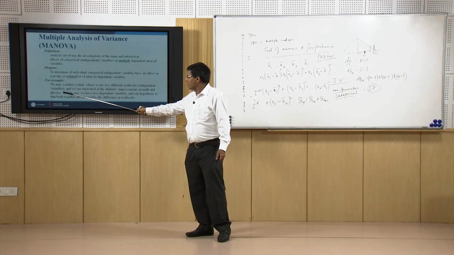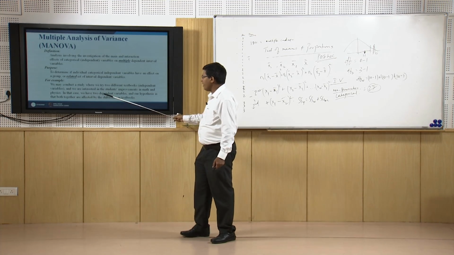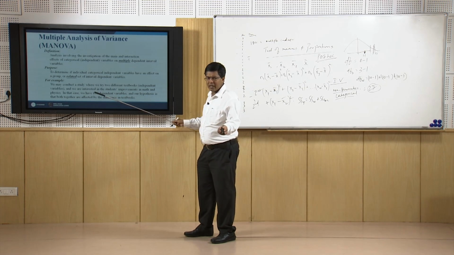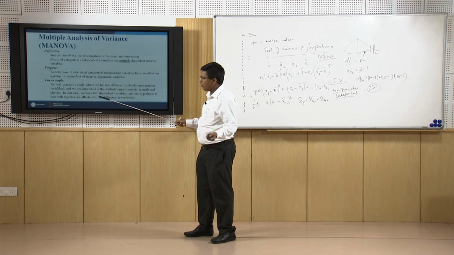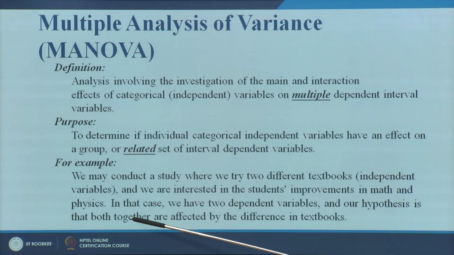So the math and physics scores become my two dependent variables, right. The score is obviously a continuous variable, we are measuring on a continuous scale, somebody is 50, 60, 65, 70, whatever the scores are, and our hypothesis is that both together are affected by the difference in textbooks.